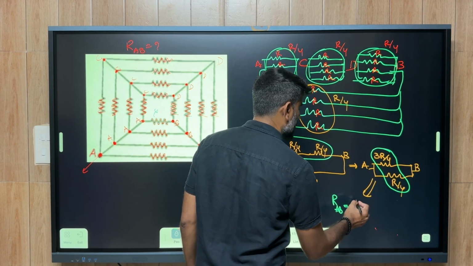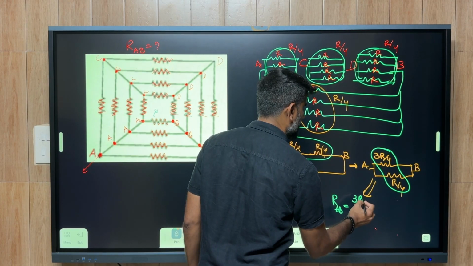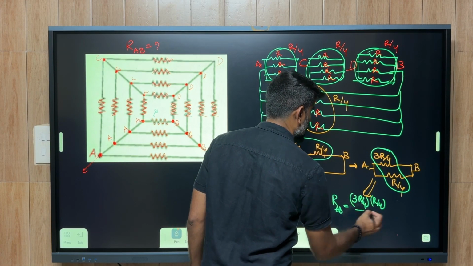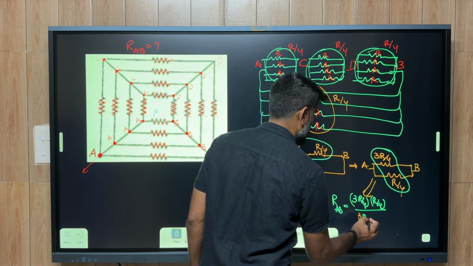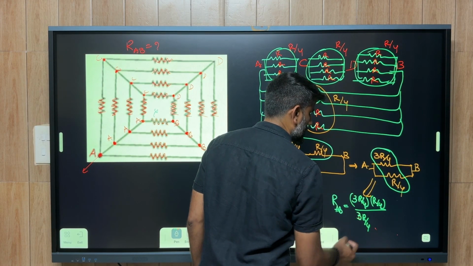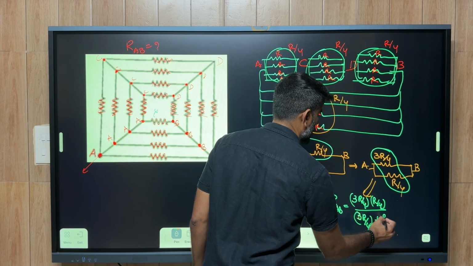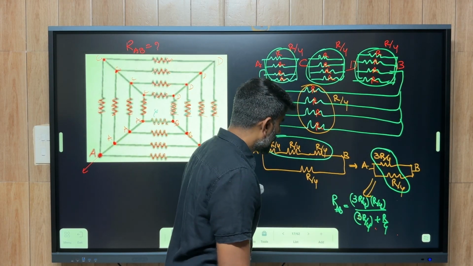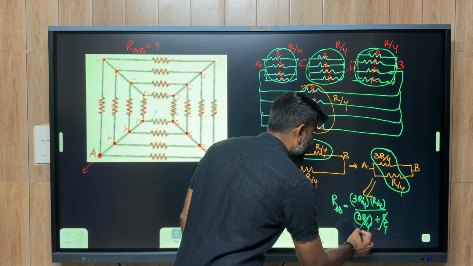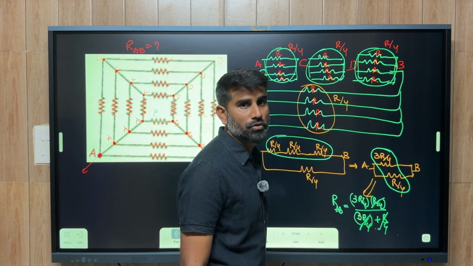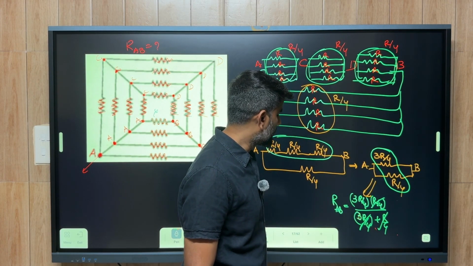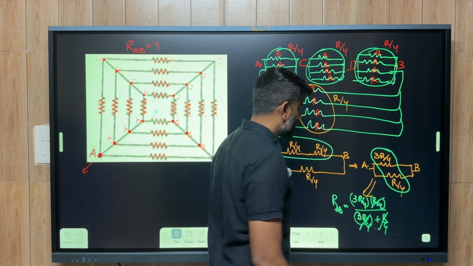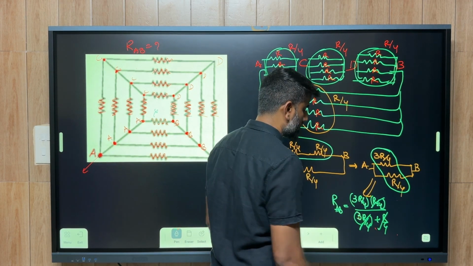So R1 R2 by R1 plus R2, which is 3R by 4 as R1, R2 is R by 4: R1 R2 by 3R by 4 plus R by 4, right? Now if I take R by 4 common, 1 R by 4 will get cancelled, and we'll be left with how much? 3 plus 1 is 4, and 3R by 4 is also there.